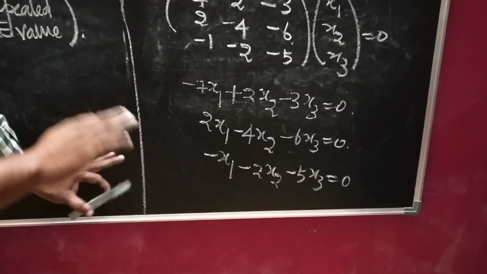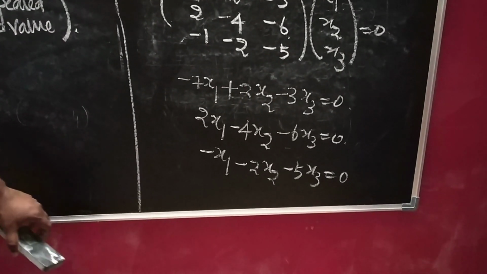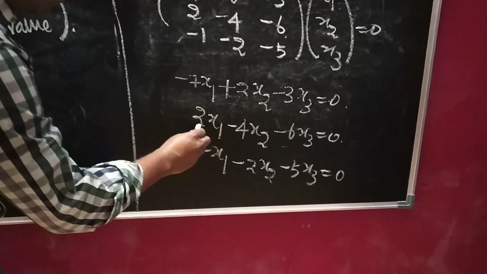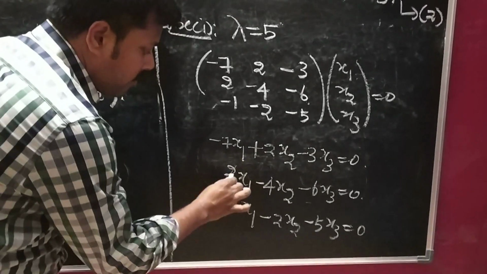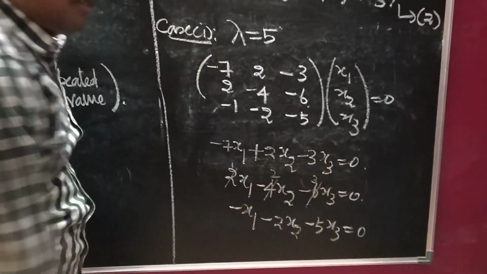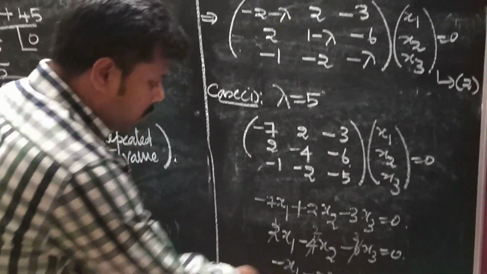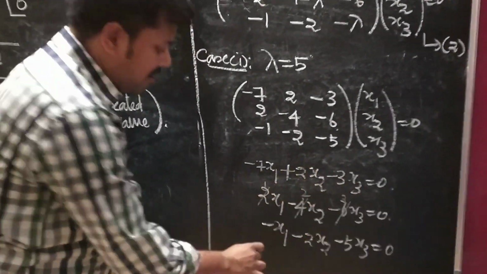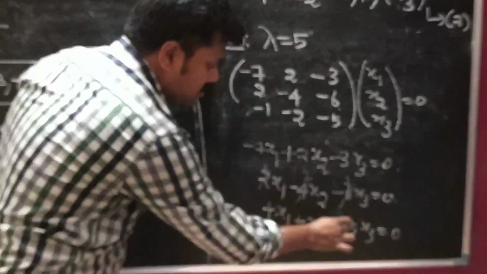So consider any two and solve by cross multiplication rule, right? In the second equation, row divided by 2, we get 1, minus 2, minus 3, for simplification. In the third equation, row multiplied by minus, we get plus, plus, plus.